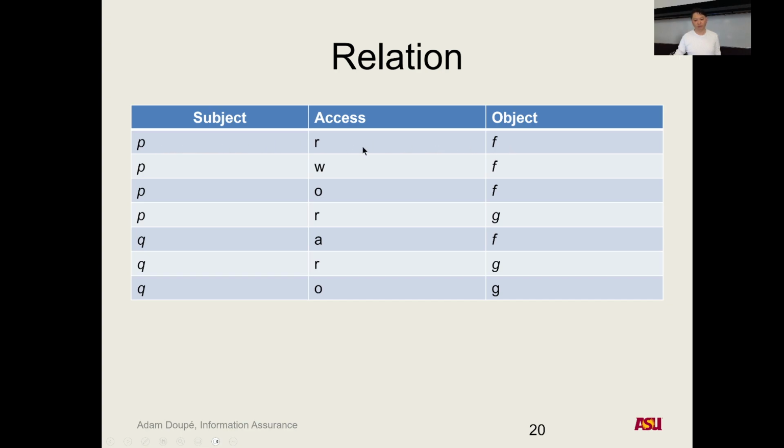Subject P can read F. Based on these tables, we can outline the relationships between the subject, the type of access, the right or the capabilities, and the object. It gives us a more easy way to understand all policies in the access control list, access control matrix, right?